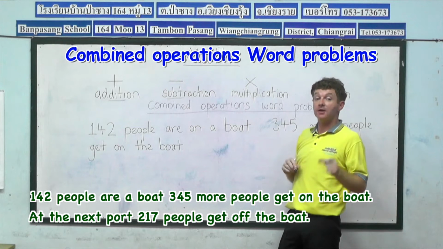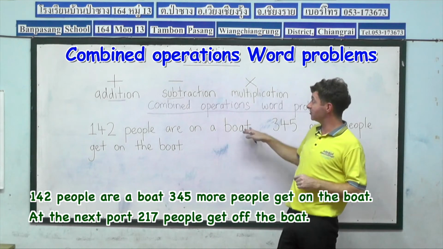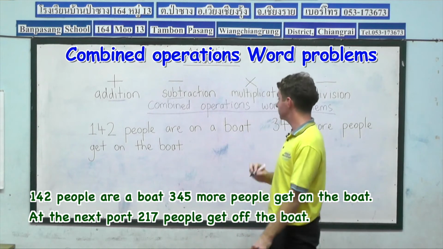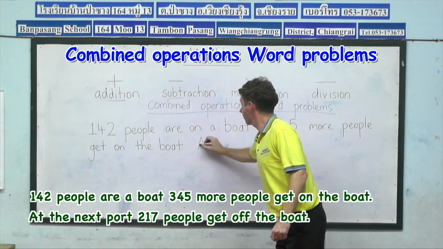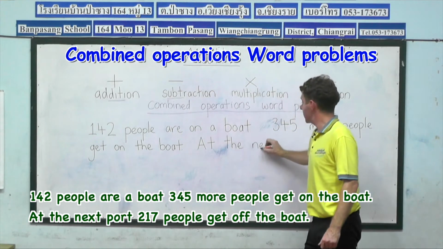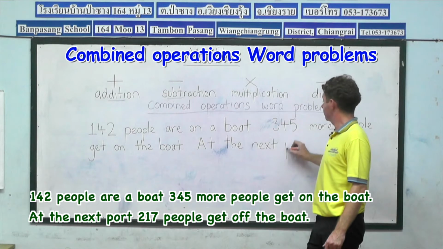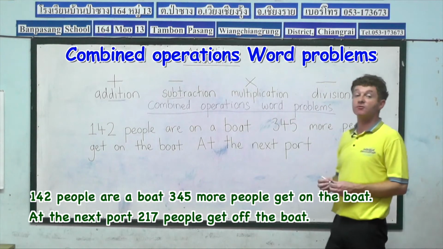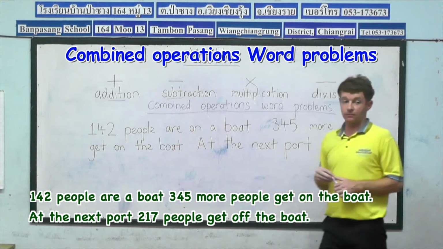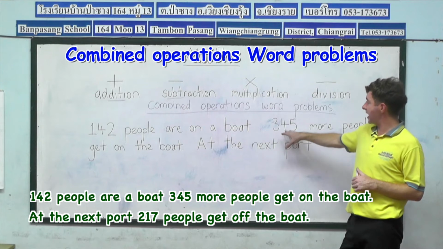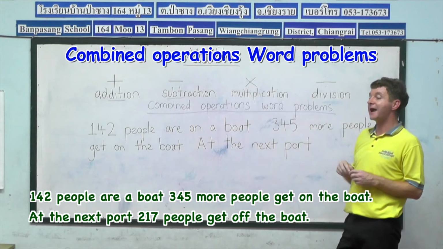Subtraction, okay? So for it to be a combined operation word problem, we now need to work in a subtraction calculation. At the next port. Now, who can give me a 3-digit number to use with the subtraction? 3 digits. Don't forget, it has to be smaller than the two numbers we add.